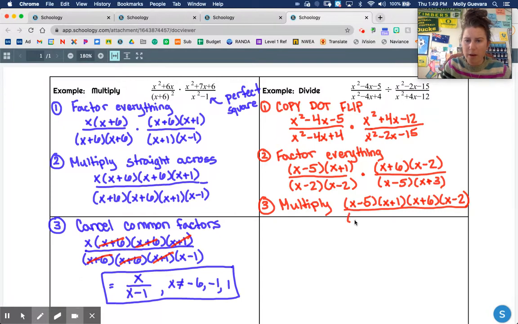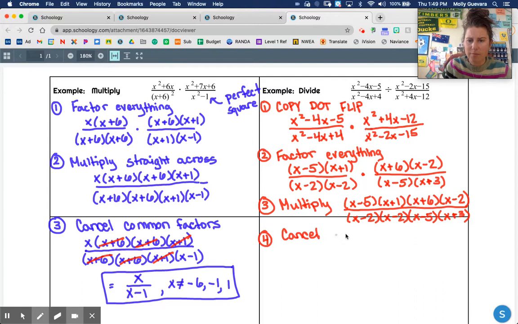And then on the bottom, I have x minus 2, x minus 2, x minus 5, x plus 3. Pen's a little jumpy today. Okay, so now I've multiplied it together. It is one fraction. So my very last step is to cancel and simplify.